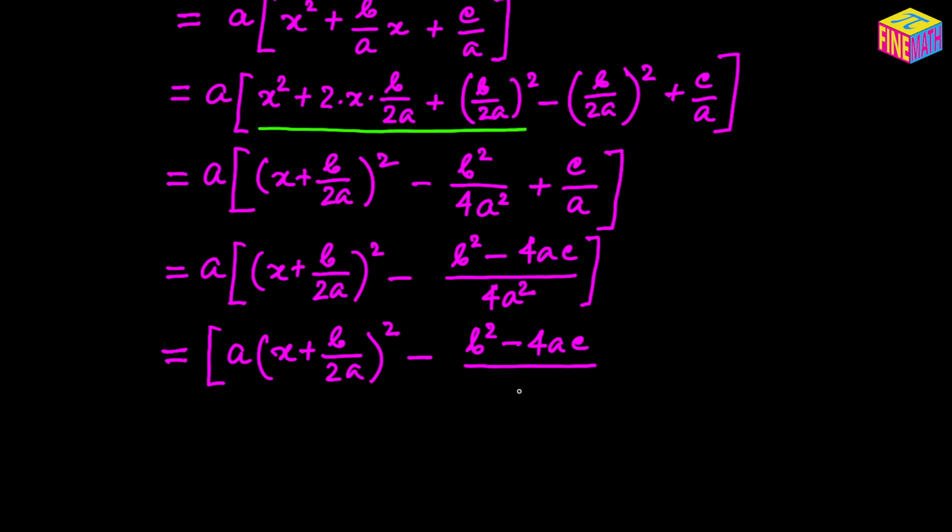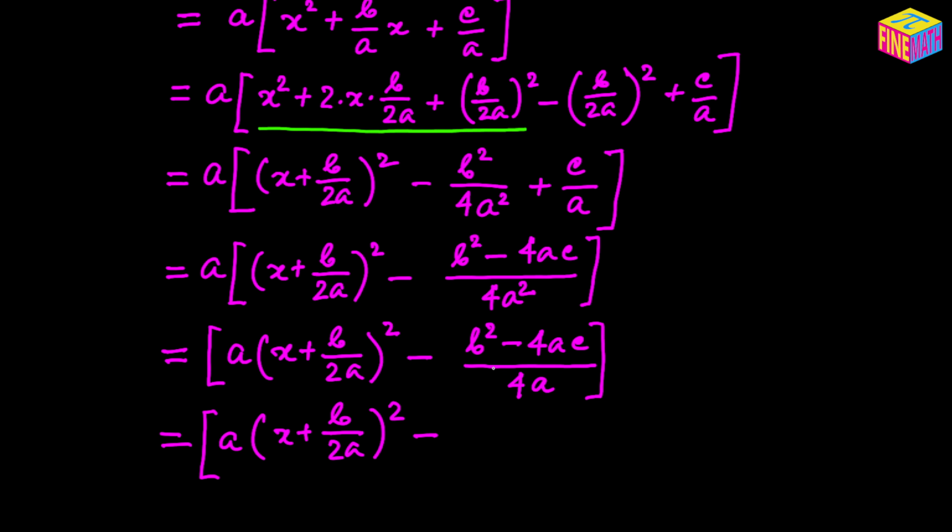In the denominator we have 4a square, and if we multiply that entire term by a, then in the denominator we will be left with 4a instead of 4a square, right? So this is equal to a times (x plus b by 2a) whole square minus, now in the fraction we have b square minus 4ac.